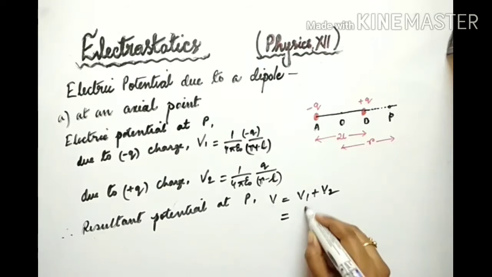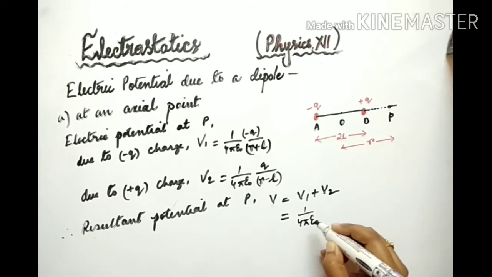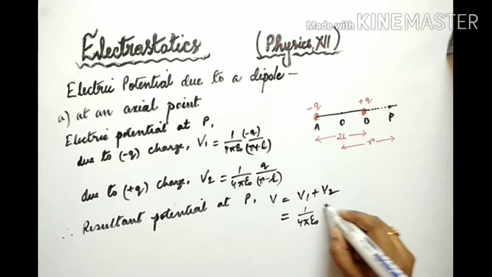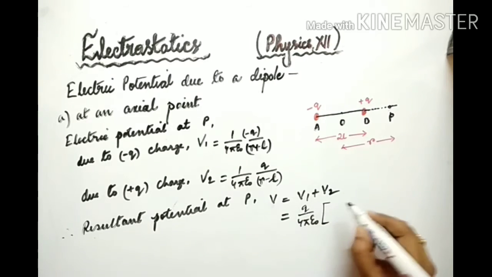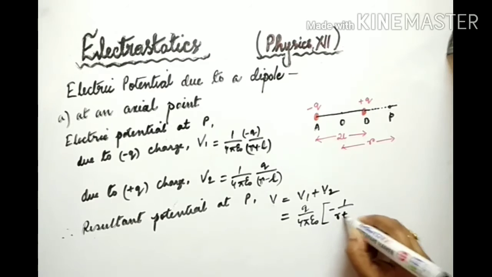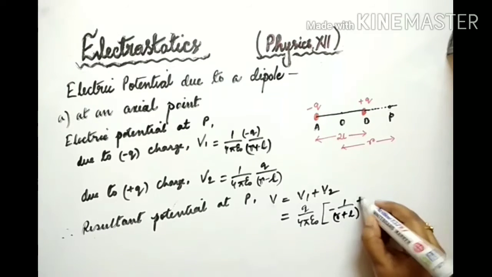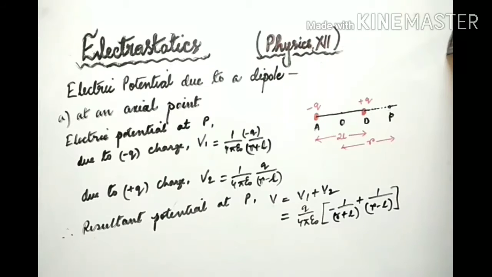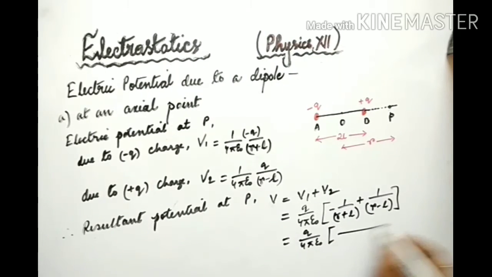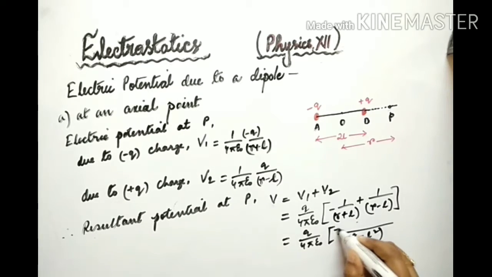So here we can write 1 by 4 pi epsilon naught, and if you take Q common, it can be written as minus 1 by R plus L plus 1 by R minus L. From here we can write it as R square minus L square, since we have to use the A plus B into A minus B formula.